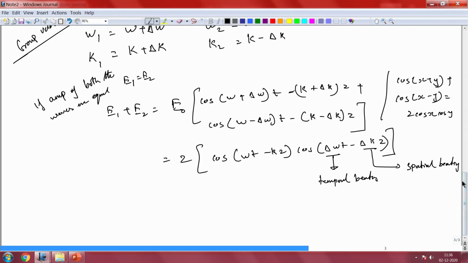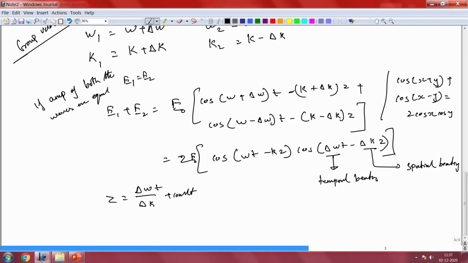Now one can represent the wave that we just saw as a function of time. This is 2 E naught, I missed that one. Let's look at how the distance can be done in a similar way. You know the frequency, you know the term here, plus constant. This is the same trick that we applied earlier.